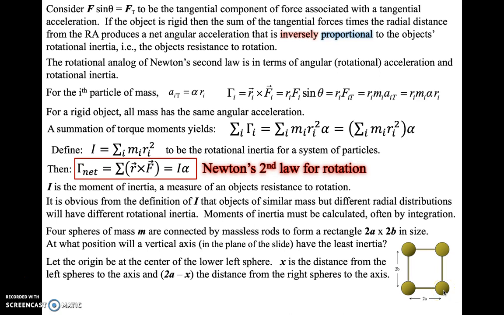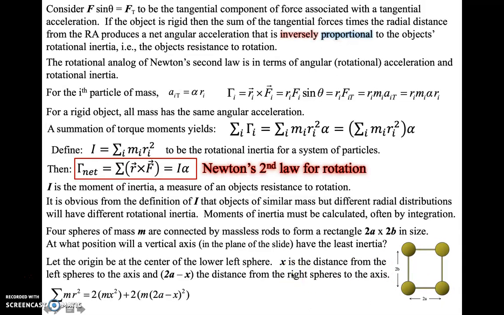So we got to figure out a way of defining a position, and the position x will be somewhere to the right of the lower left sphere, and that would mean that whatever that vertical axis is along that position, it's x away from the origin, but 2a minus x away from the right-hand spheres.